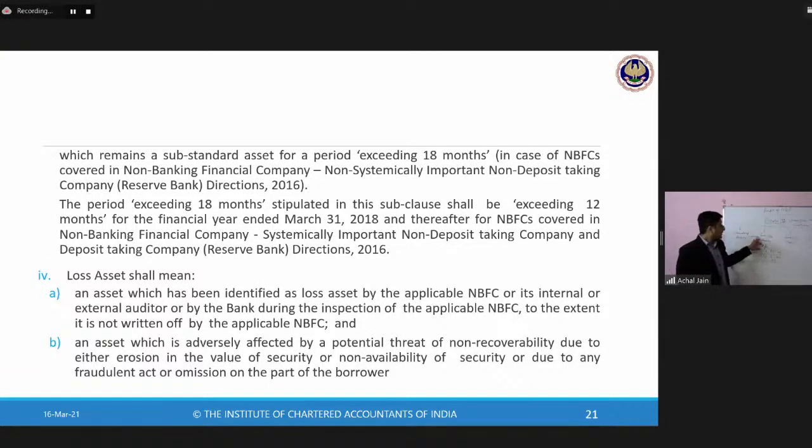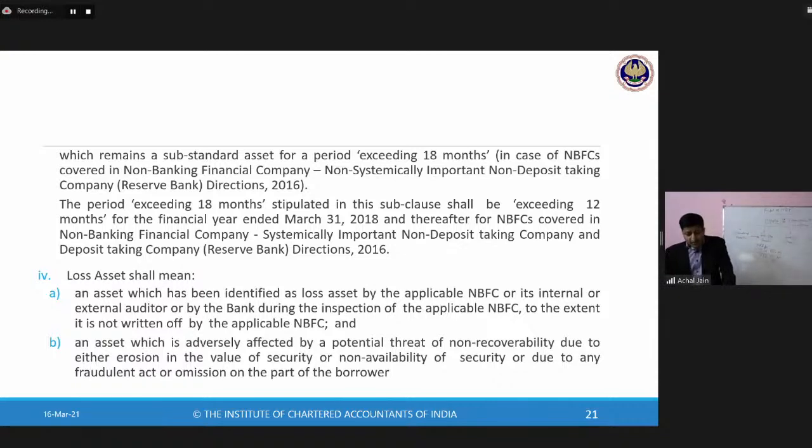Now, if a substandard asset remains substandard for a period exceeding 18 months in case of NBFCs which are non-systemically important, non-deposit taking, then it would become doubtful asset.